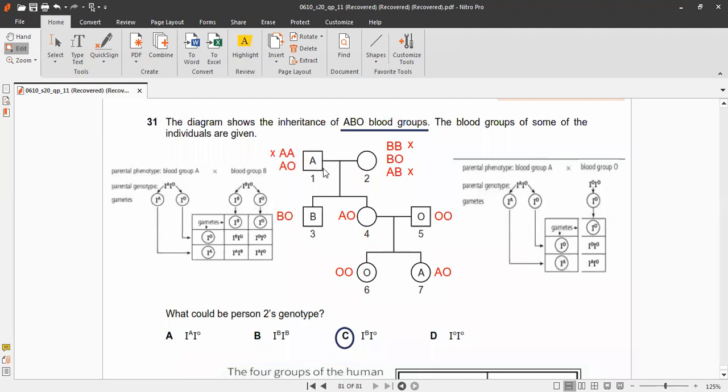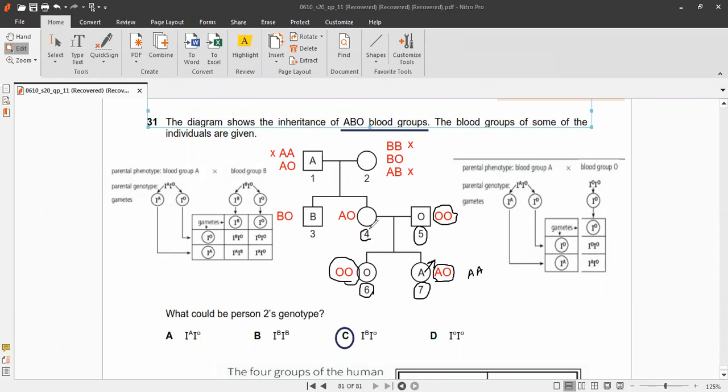Let's see the question. 1 and 2 are the parents or grandparents. First, look at 6 and 7. 6 is O. O is recessive, so OO only. But 7 is A, so AO. So look at 5. 5 is O, only OO.